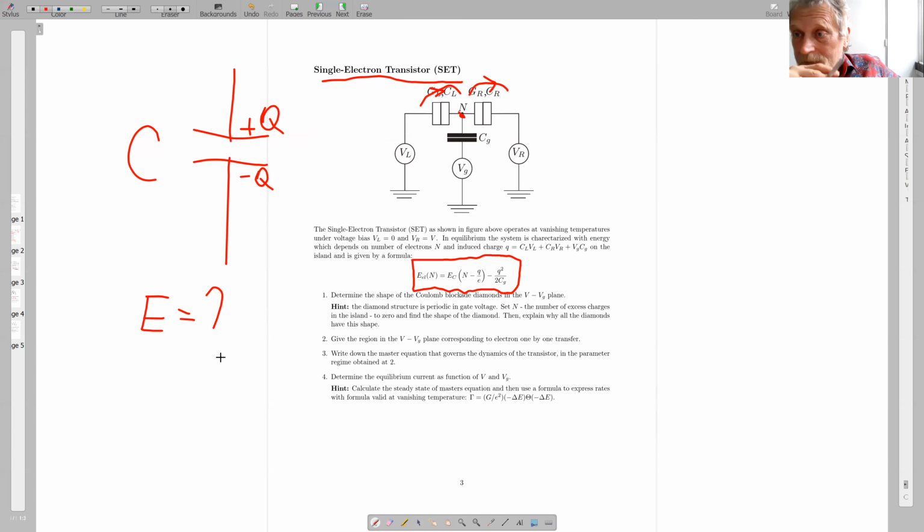Again, it's not about quantum transport, it's about electrostatics. One half. Okay, Q times V, and what is V?